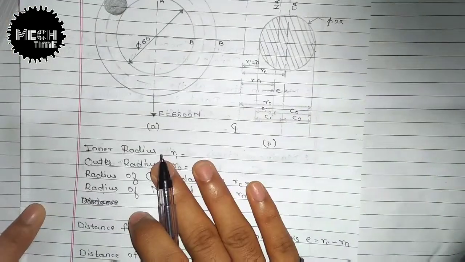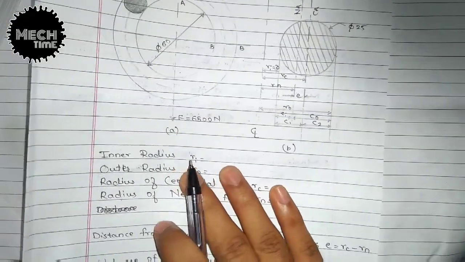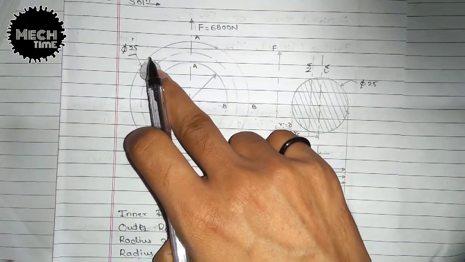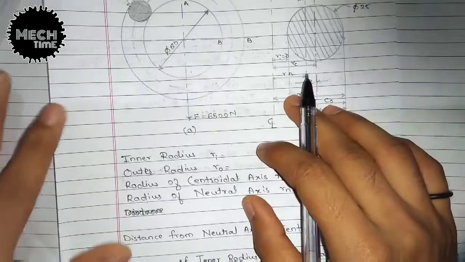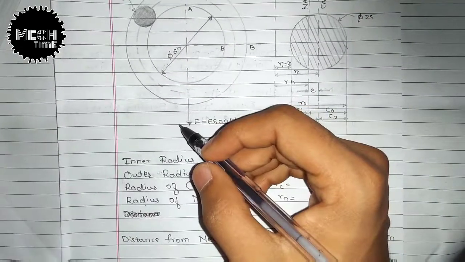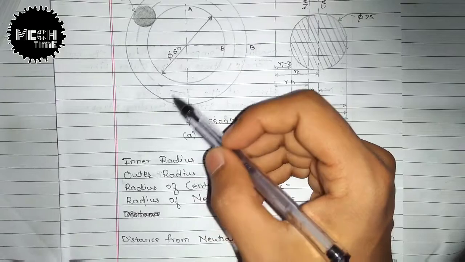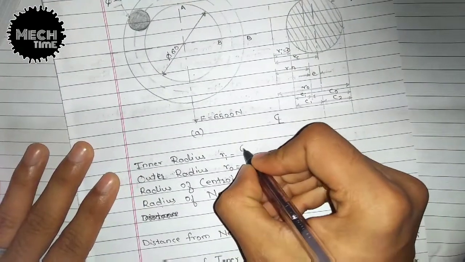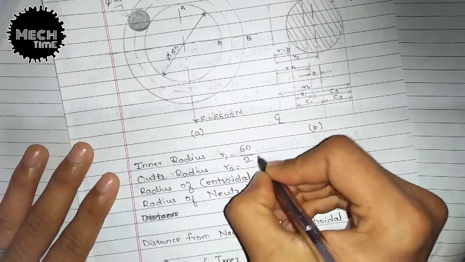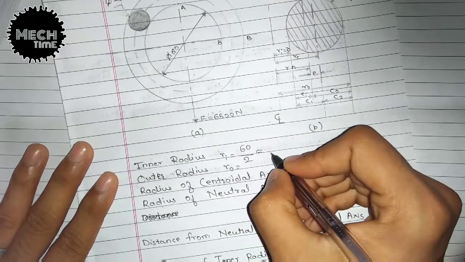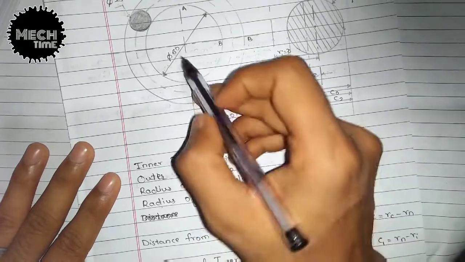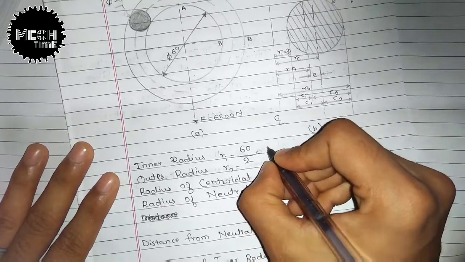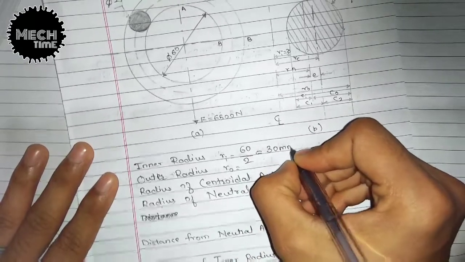First we need to find, as always, the inner radius. If the diameter is 60, we need to find the inner radius Ri, that is 60 by 2, which is equal to 30 mm.